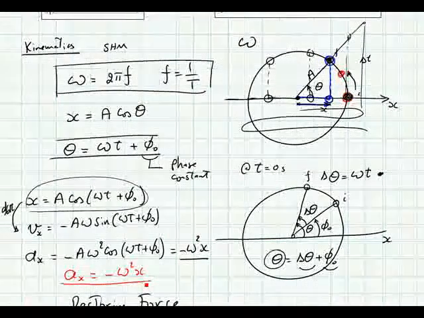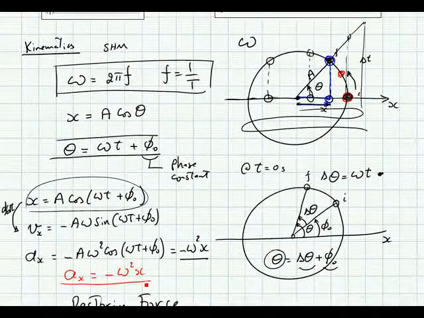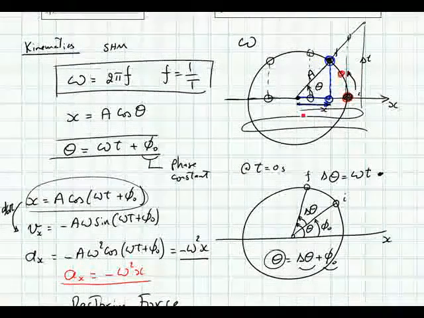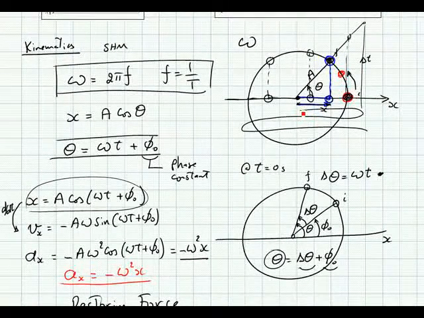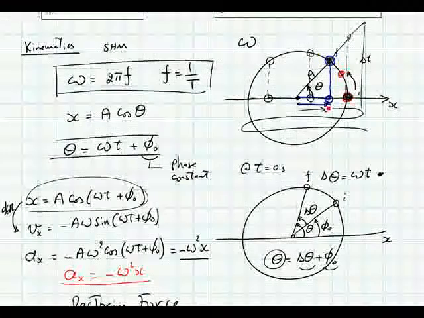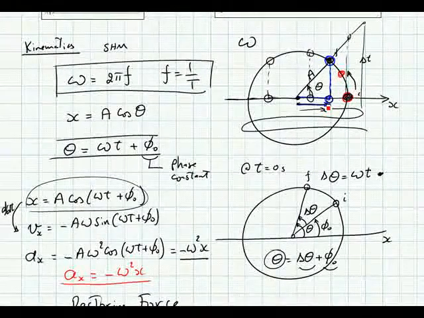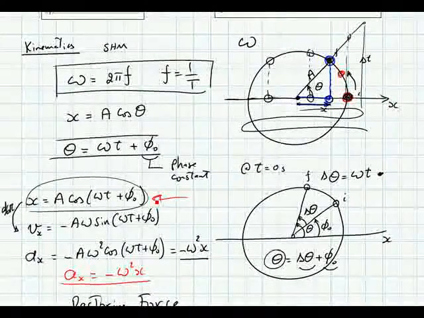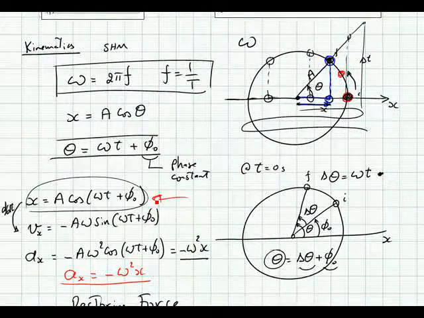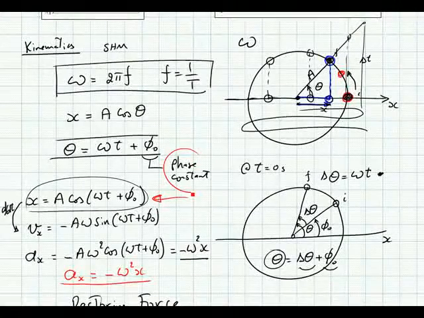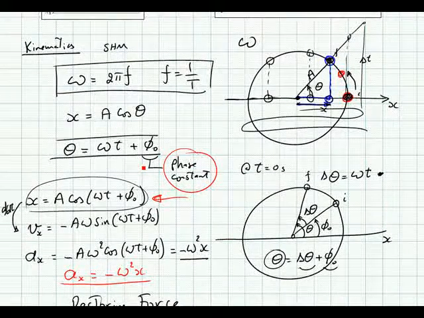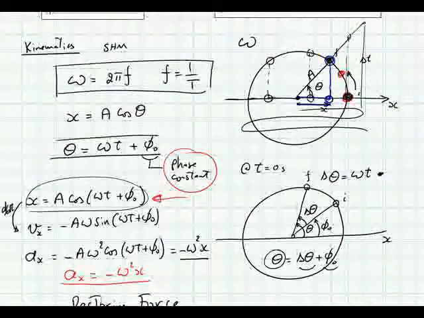So using kinematic techniques, we can describe simple harmonic oscillation as the projection along a diagonal of an object moving around in a circular path, and that projection, of course, is given by x equals a cosine of omega t plus phi naught, where phi naught is the phase constant of the object describing its initial condition at t equals 0 seconds.